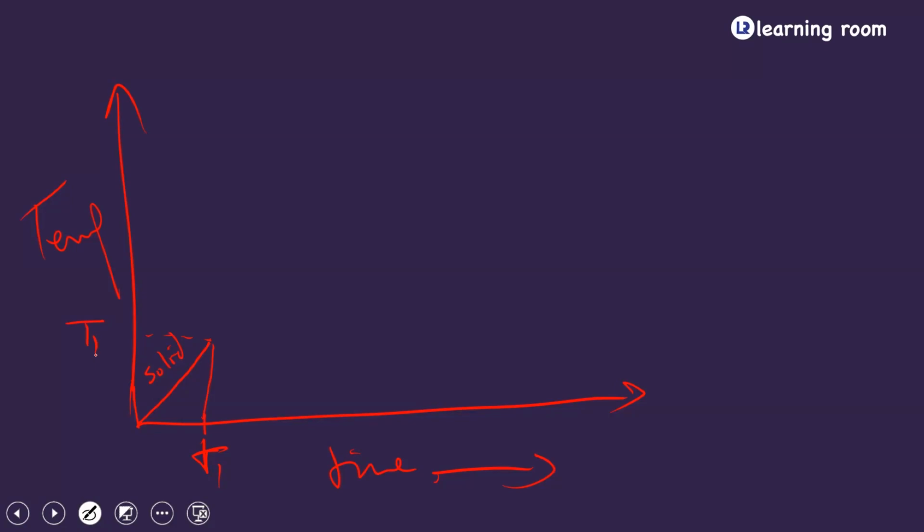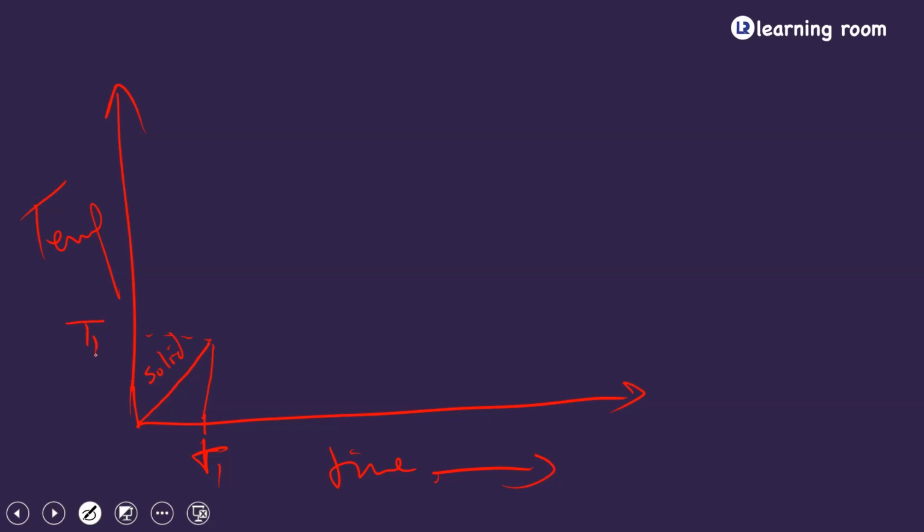It is melting. Ice will melt, right? But at this point, will all the ice directly turn into water? No. There will be a time where ice and water will coexist. Some will become water, some will be ice. It is 50-50%, kind of. It is transition, it is not completely changed yet.